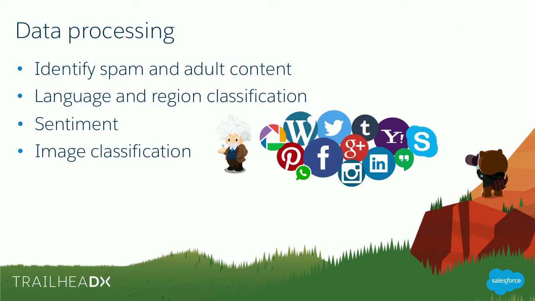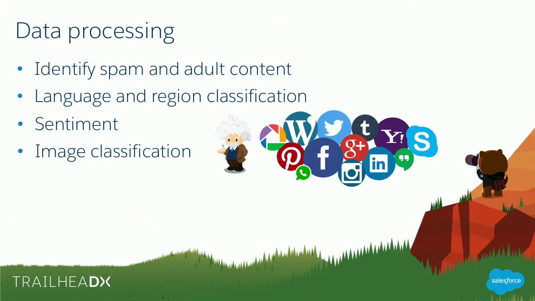We have a lot of customers that, when they set up their service offices, want people from one region or one language dealing with these kinds of posts, and for another language and region, this office deals with it. We do sentiment classification, and we're starting to get into image classification through some acquisitions that Salesforce made a while back.